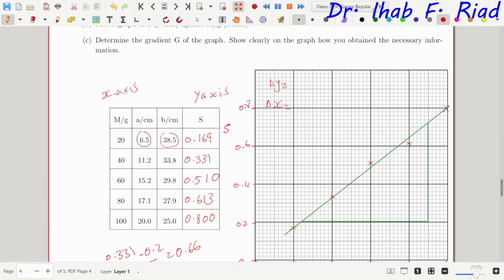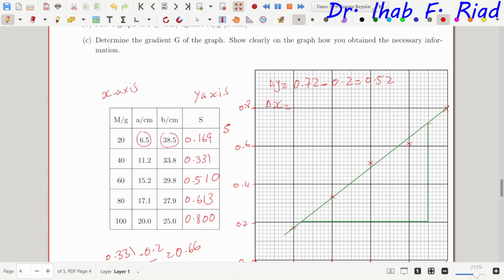For delta y, we have 0.72, minus 0.2 is equal to 0.52.